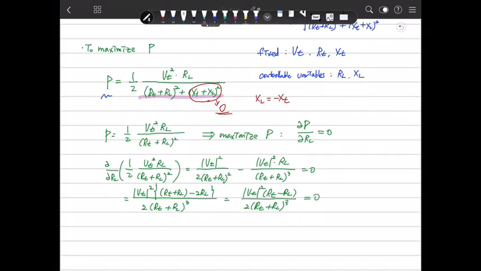That should be 0. But to do that, what should we do? RL should be RT.